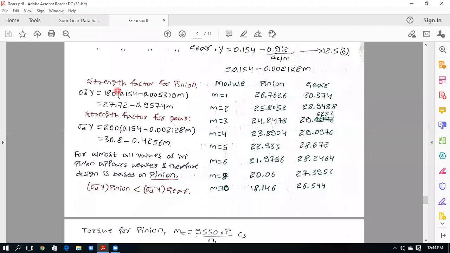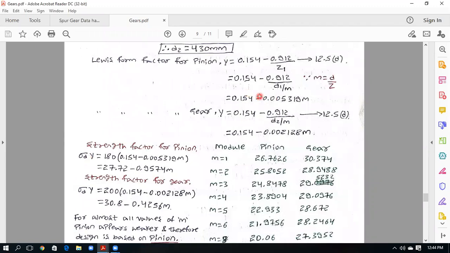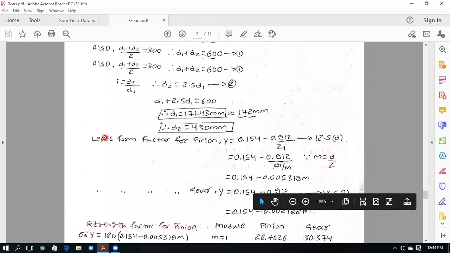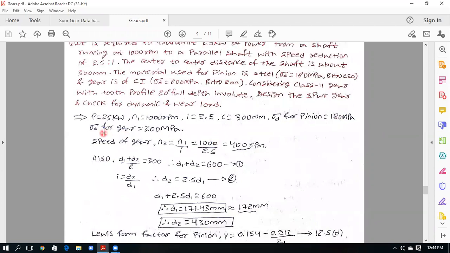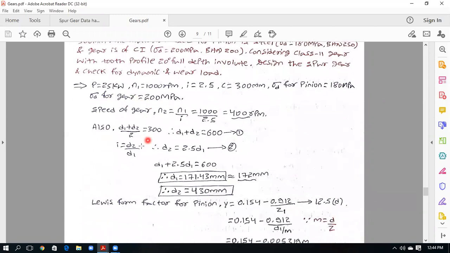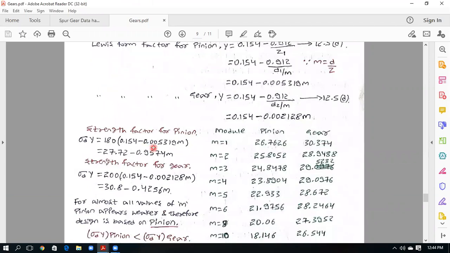To calculate that, the strength factor for the pinion is sigma d into y. For the pinion, you have to take sigma d for the pinion and the form factor calculated for the pinion. Sigma d for the pinion is given as 180 megapascal. For the gear, it is 200 megapascal.